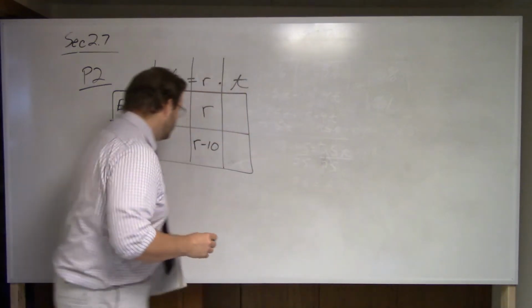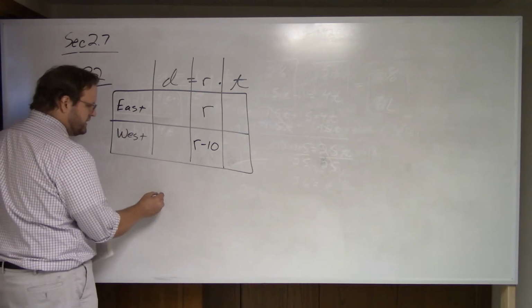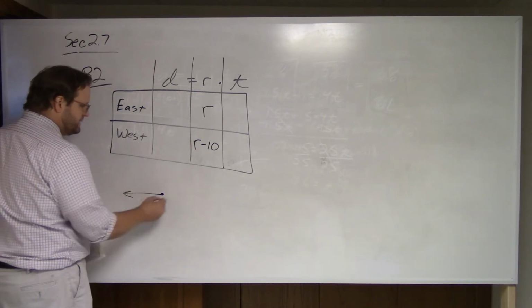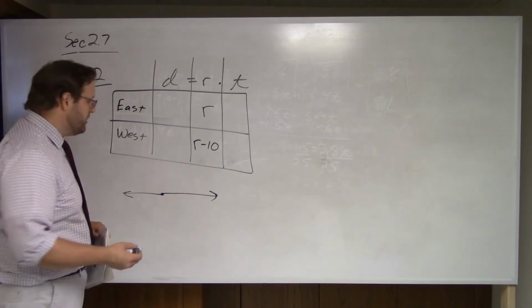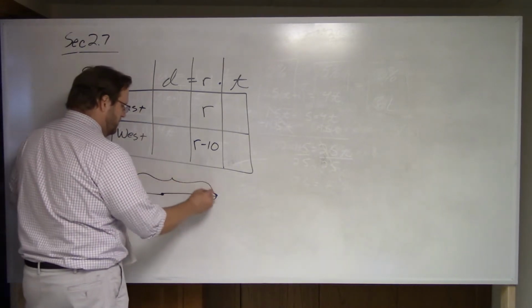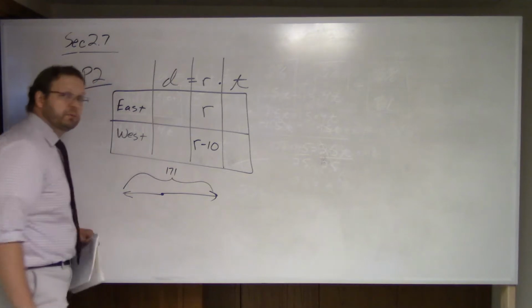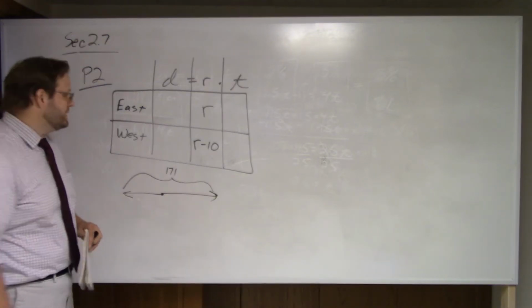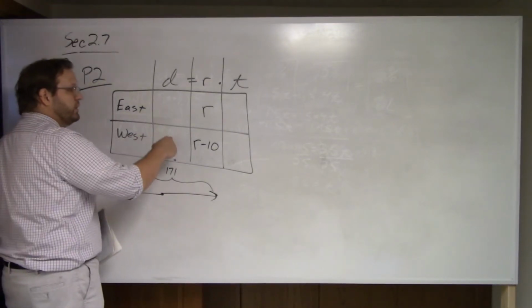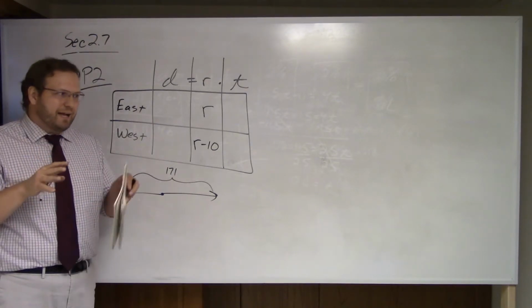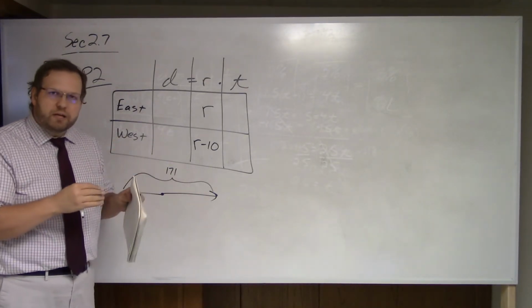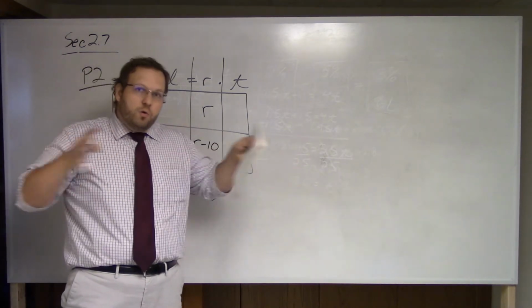So what's happening is you have this train station, one going west, one going east. After 1.5 hours, they're 171 miles apart. What I see a lot of students do is they put 171 and 171. Be careful, because that 171 is not a distance covered by each train. That is a total distance.